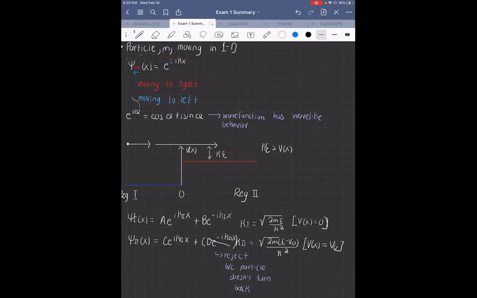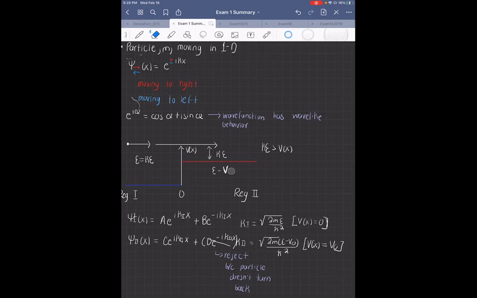Since the particle at first has no potential energy, its energy is just kinetic energy because it's only moving forward, which equals E minus V of 0.